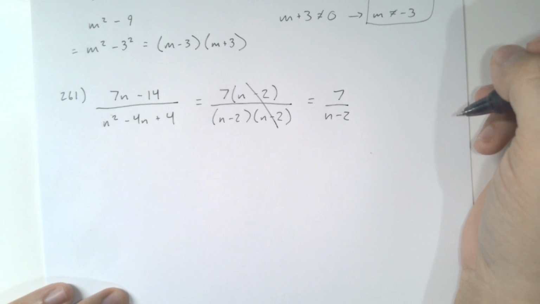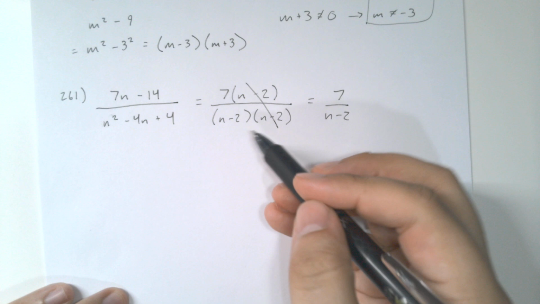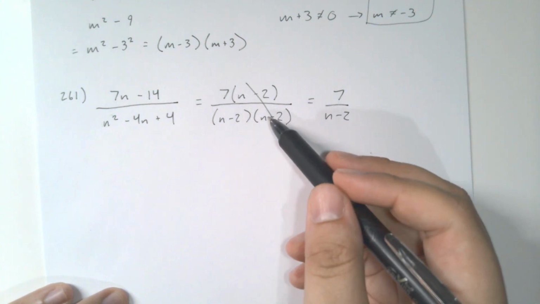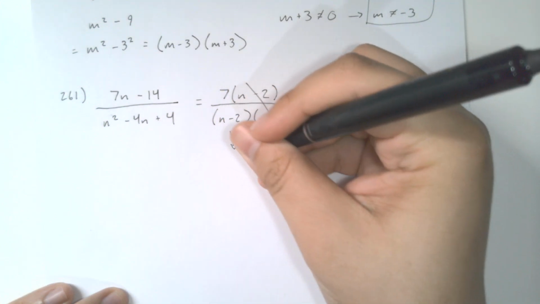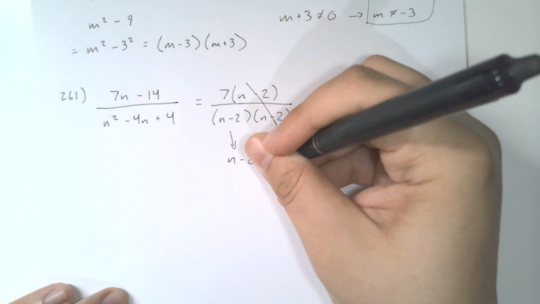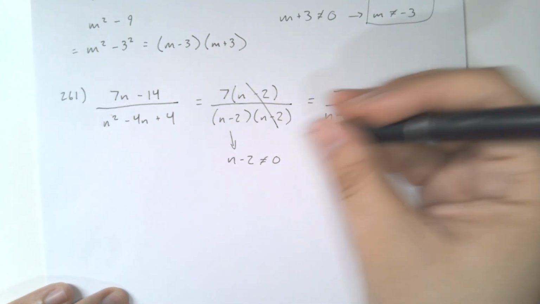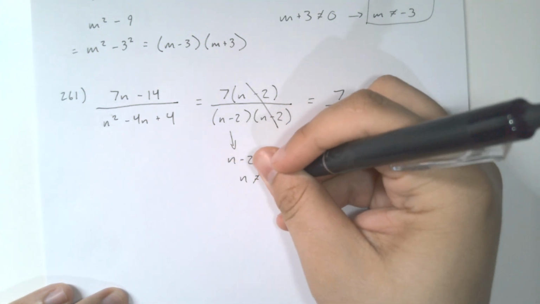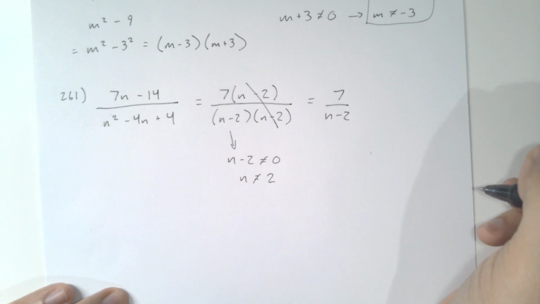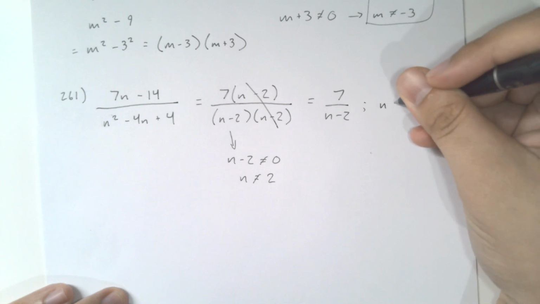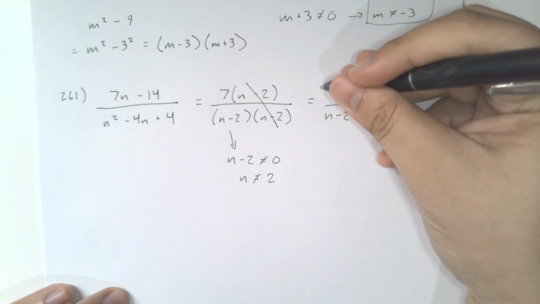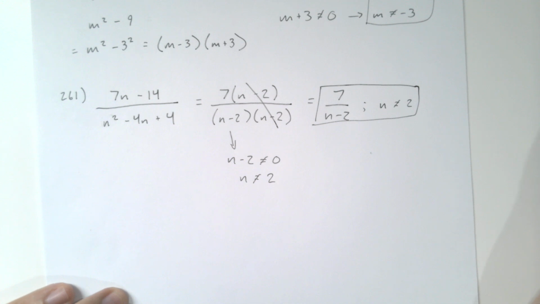Well, this looks good. Now we just have to find our excluded values. And our excluded values are going to be given by whatever these are in our factored form. Fortunately, both of these are n minus 2, so we only have to solve one of them. But we have that n minus 2 can't be equal to 0. Therefore, n can't be equal to positive 2 if we add 2 to both sides. And so our excluded value is that n can't be equal to 2. And this is now factored.